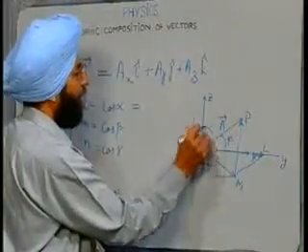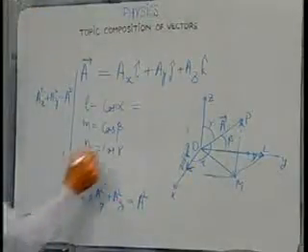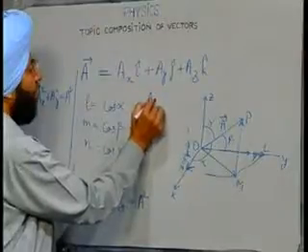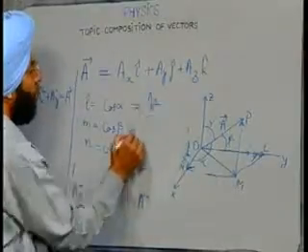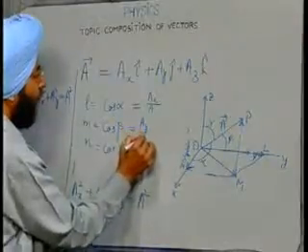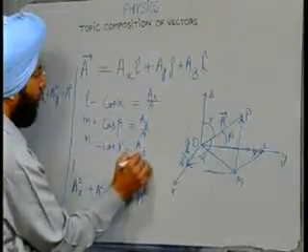Gamma is the angle between z axis and A vector. Cos alpha is AX over A, cos beta is AY over A, cos gamma is AZ over A.